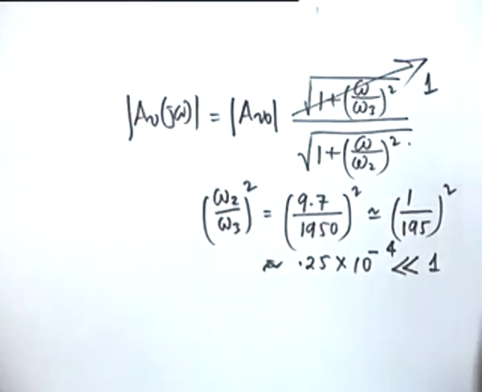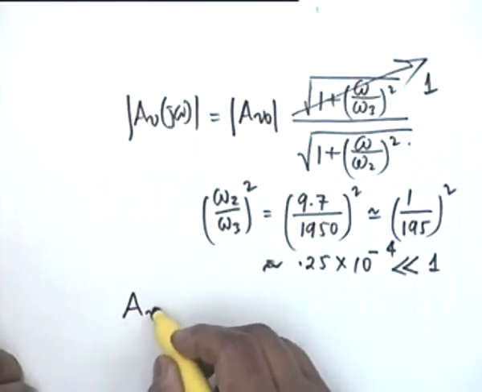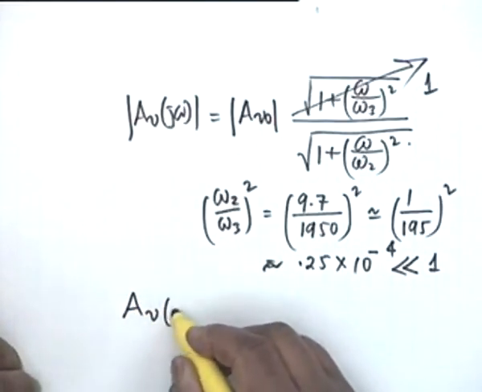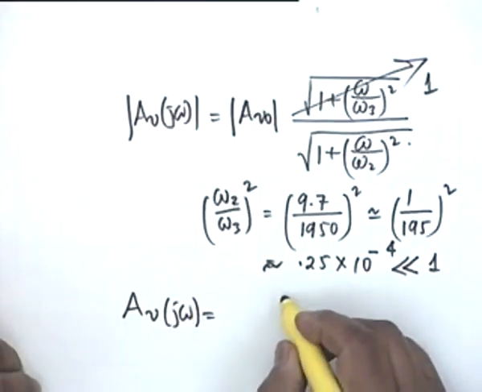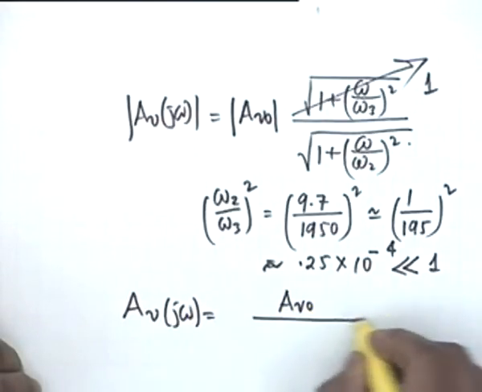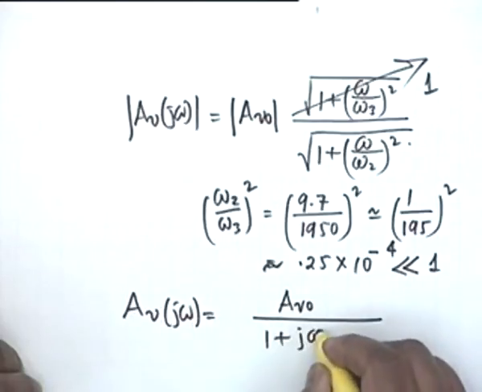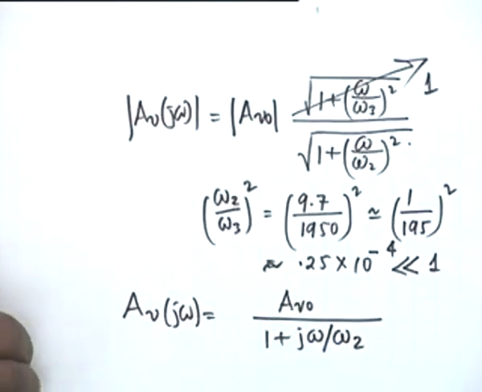Which means that my simplified expression for the voltage gain AV, I can write as AV0 divided by 1 plus j omega by omega 2. And you notice that this again is a low pass expression.